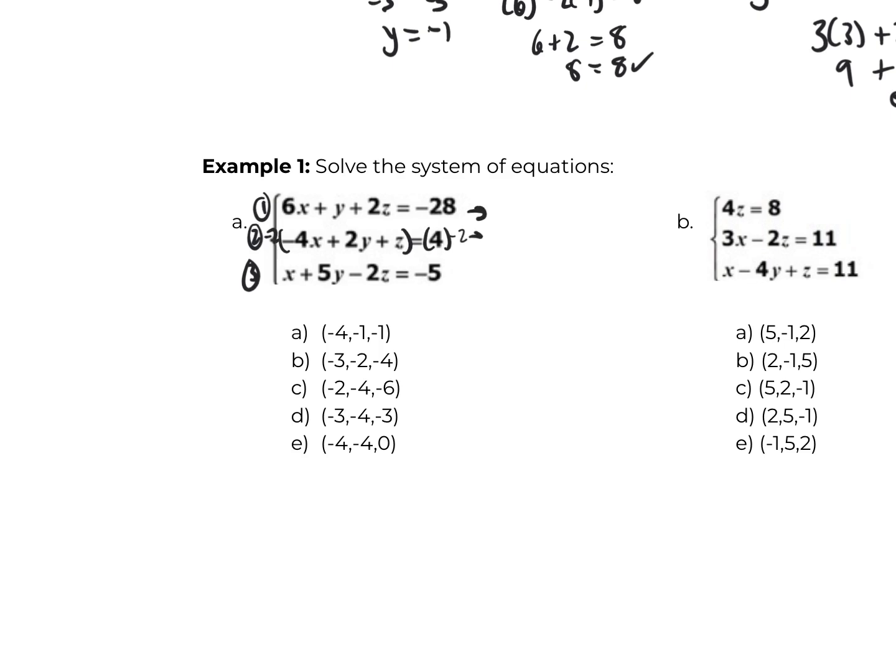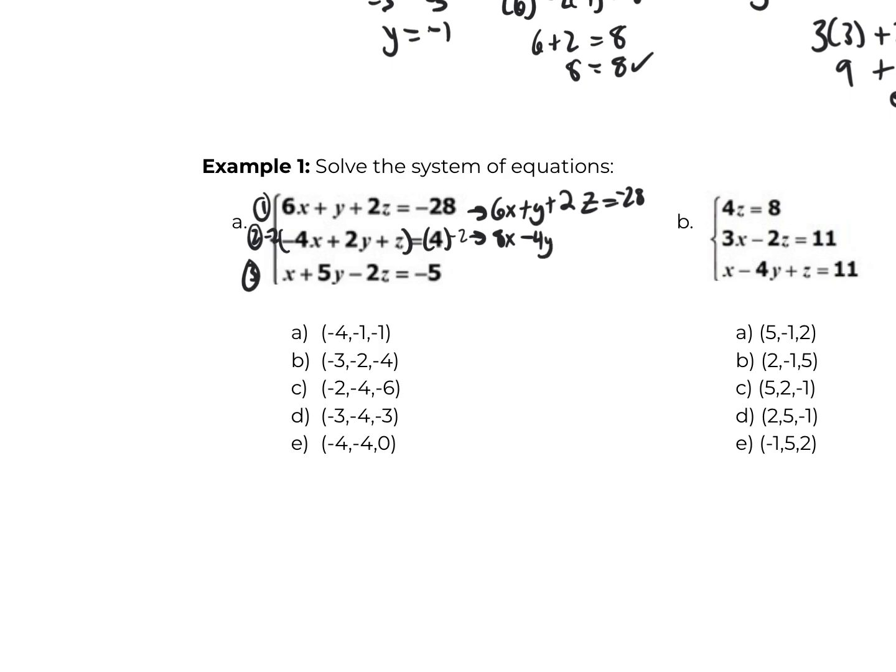And when I do that, I don't do anything with the first equation, leave that as 6x plus y plus 2z equals negative 28. Bring this over, multiply that by negative 2, so negative 4 times negative 2 is positive 8x. Negative 2 times 2 is negative 4y.